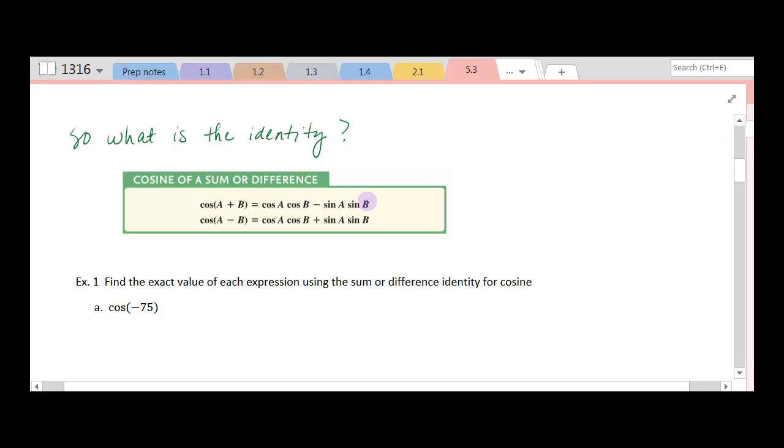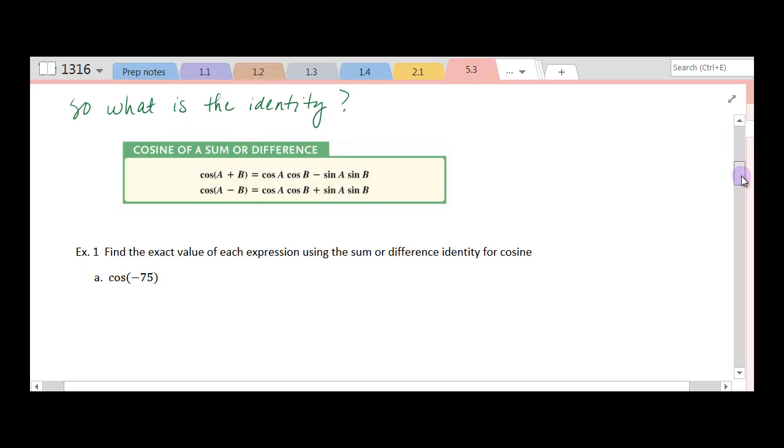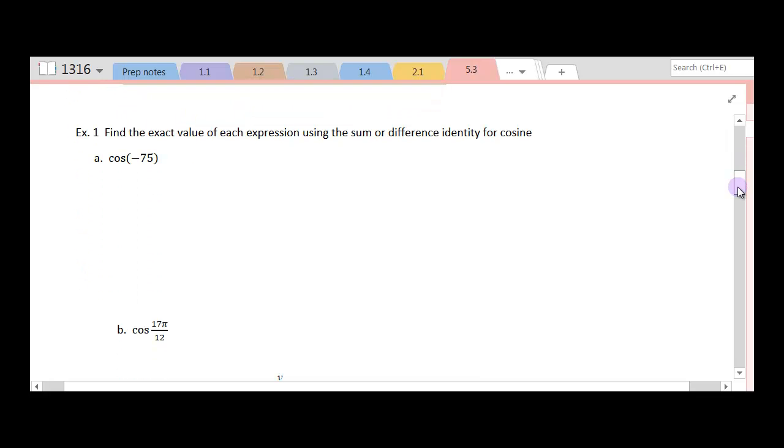I'm talking about the first and second of the angles. For the second one, where we have the difference of my angles, the addition sign is what shows up in this identity. Okay, let's see how we apply this to a couple of separate examples.